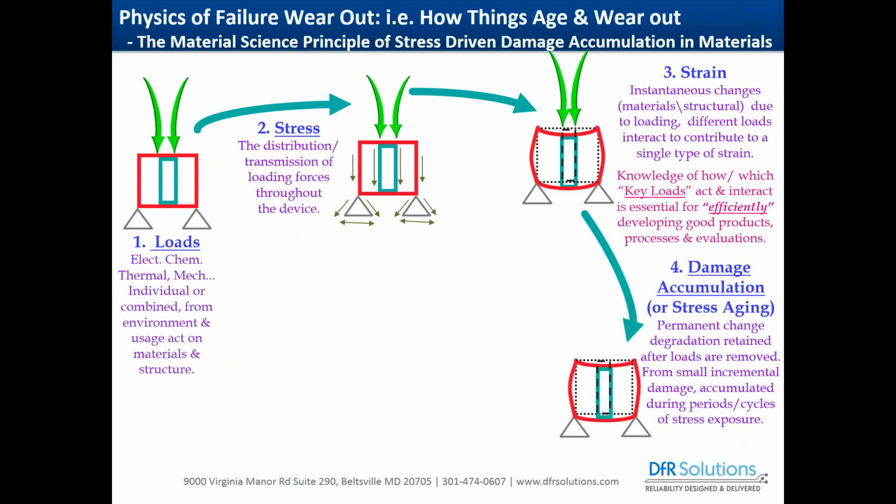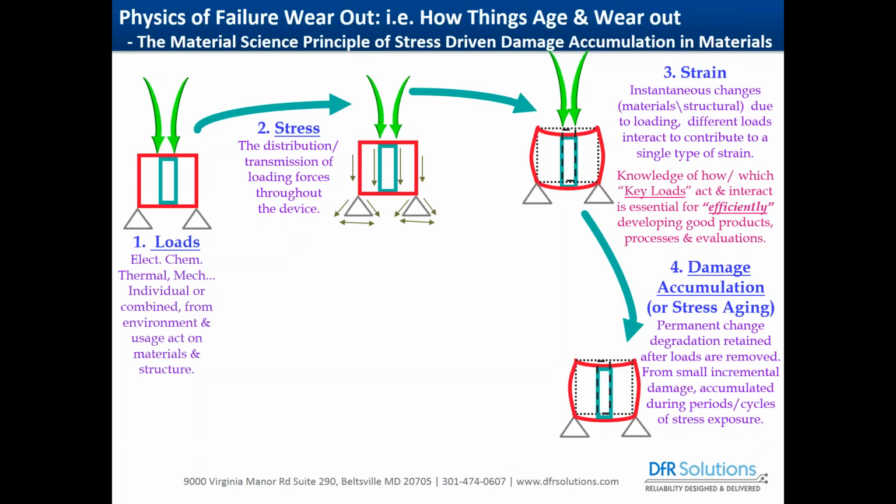So as materials are strained, they can be damaged or degraded. Now, if materials are strained in what's known as the elastic region, like a rubber band, you pull it out and then you release it, it snaps back or relaxes back to its original state. But after the elastic region of a material's characteristics, there's what's known as the plastic response region. In the plastic region, you get what's known as plastic deformation.